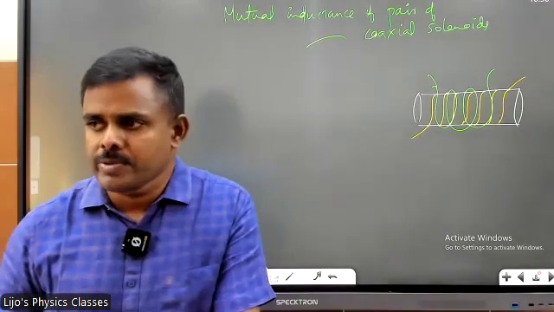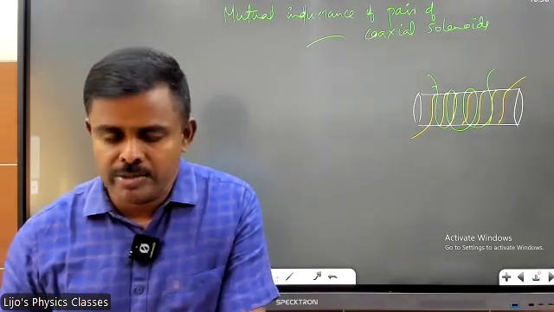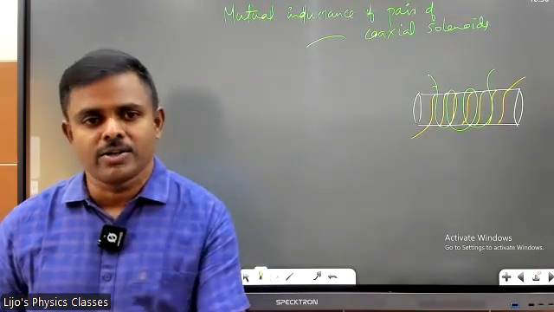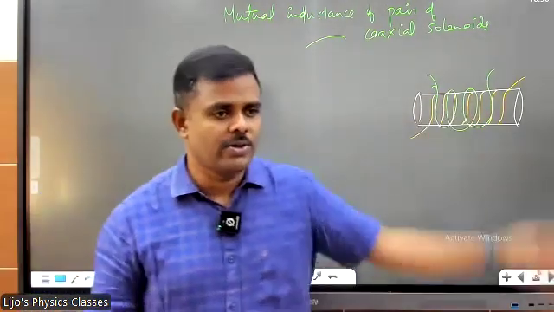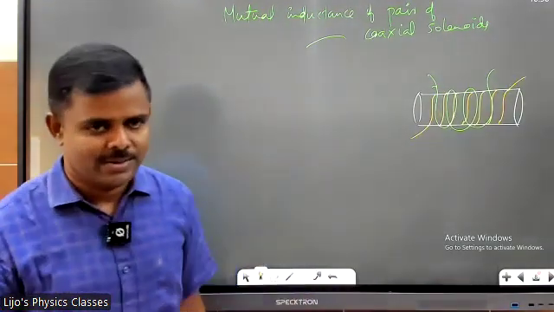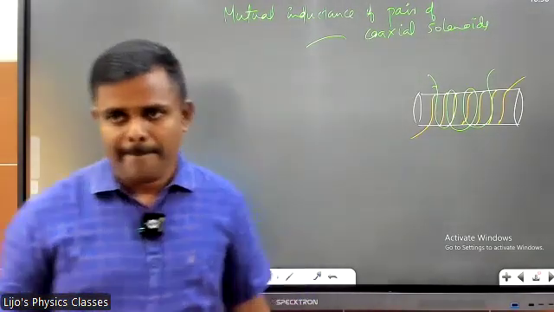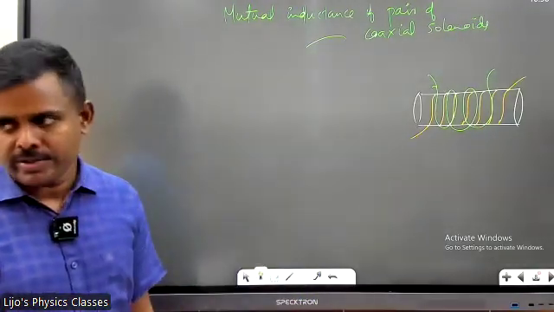You don't have any other types of solenoid. If you choose to learn electrical engineering, in semester 3, you will have a paper called electrical technology where you will learn other types of solenoids. But here you have only coaxial solenoids, same axis.